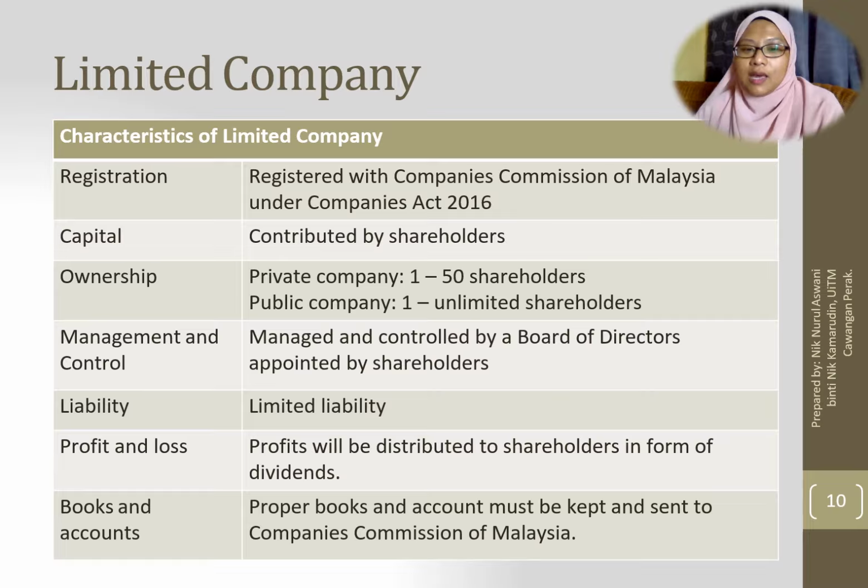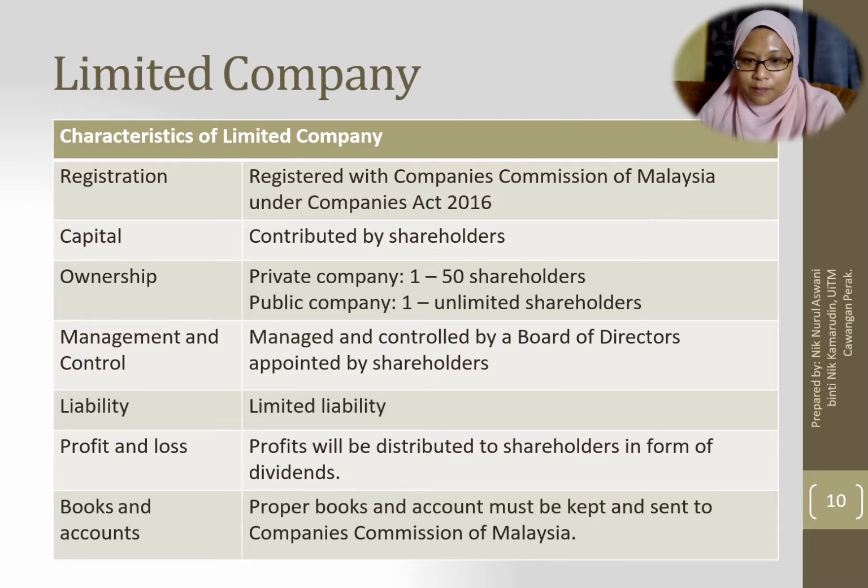For capital, it is contributed by shareholders through the purchase of shares of the company. In terms of ownership, a private company may have one member only, but limited to 50 members, who are also the shareholders of the company.